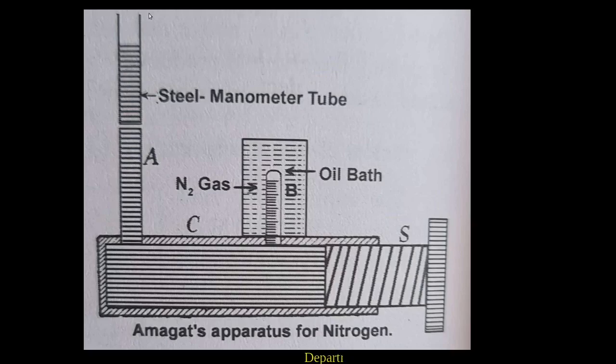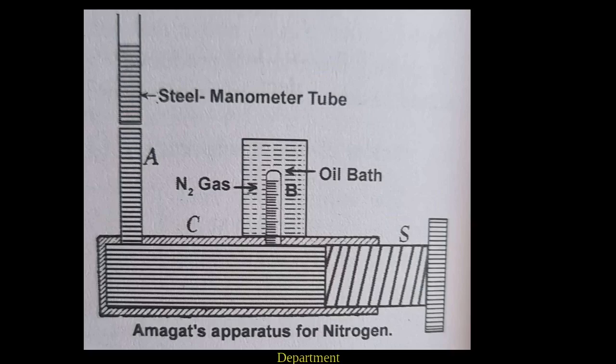Now the long steel tube is replaced by another tube containing the gas to be studied, similar to the gas of tube B, that is nitrogen.